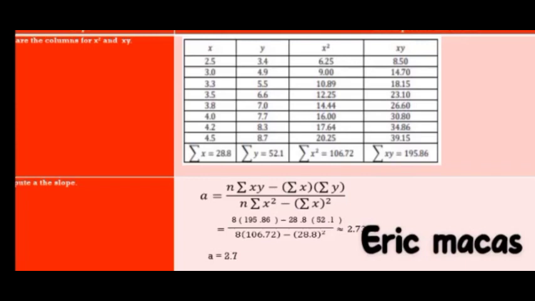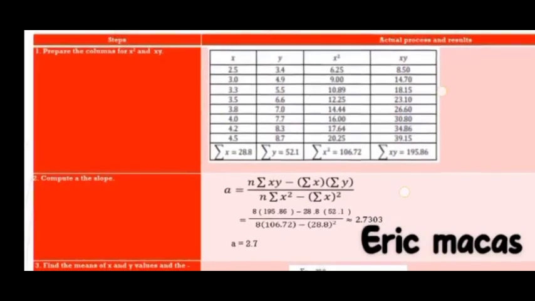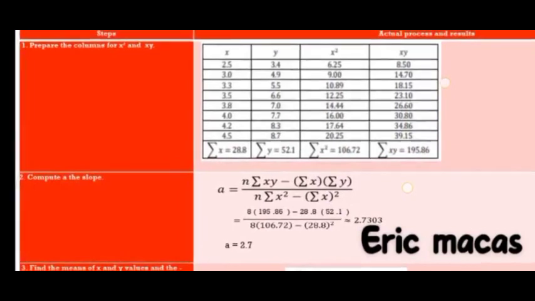So this is the second step: compute the slope a.